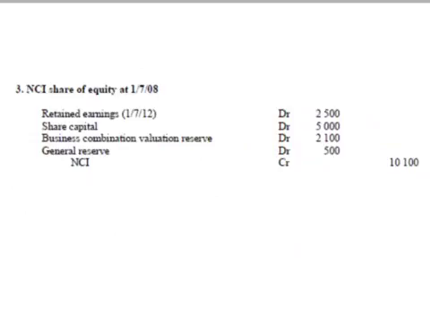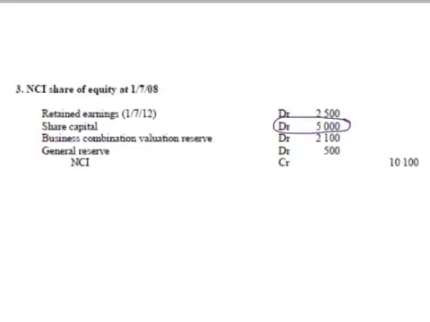Now in the question we were told that the share capital of the subsidiary on acquisition date was $20,000 and the NCI's amount to 25% of the share capital. So a quarter of the 20,000 is attributed to the NCIs.